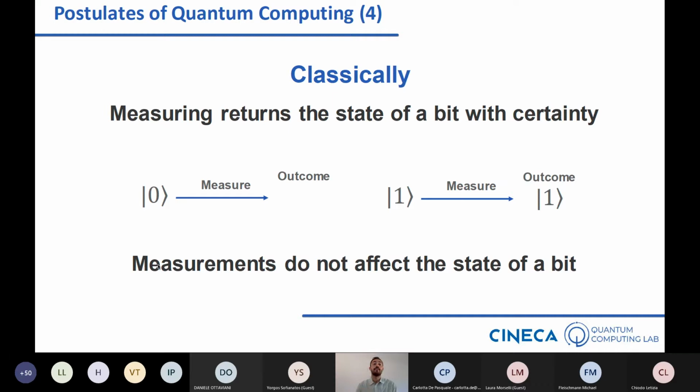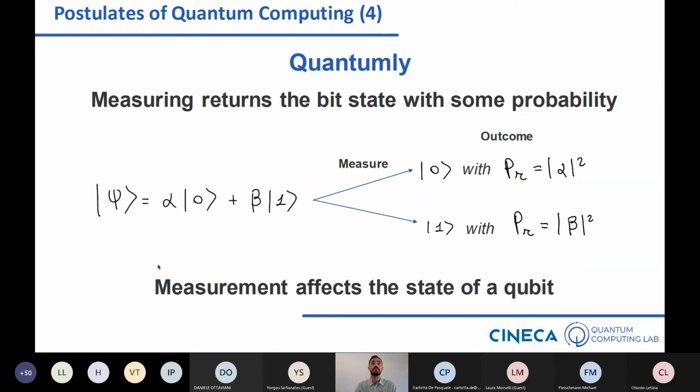So measurement does not affect the state of a bit. Quantumly it is the opposite. You don't have access to the quantum state, but by measuring it, you collapse it to one of the two bit states with some probability.